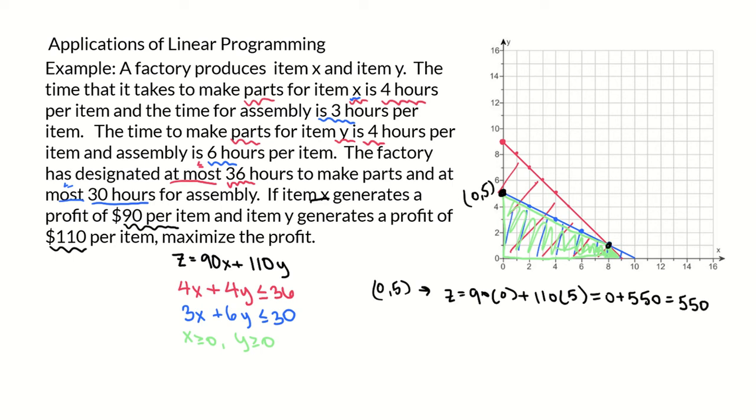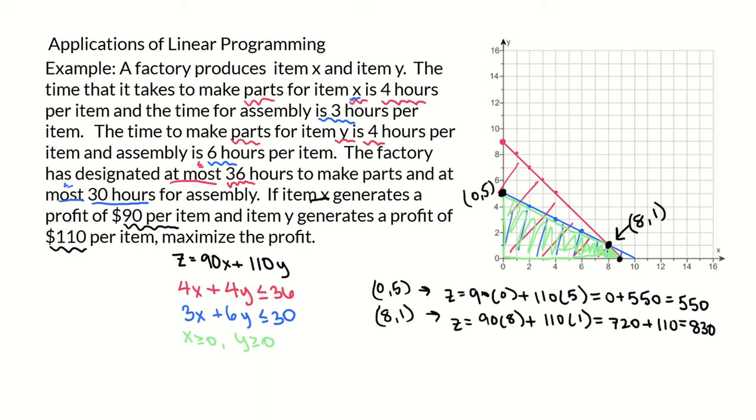Next corner point is here. That is the point 8, 1. Plugging that into the profit function, we get z is equal to 90 times 8 plus 110 times 1. 90 times 8 is 720 plus 110 gives 830 for the profit at that point.